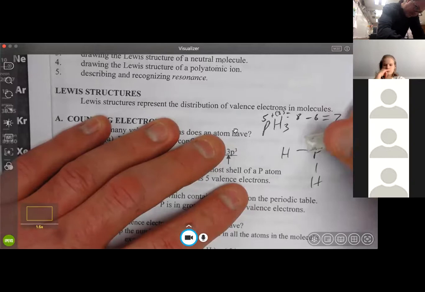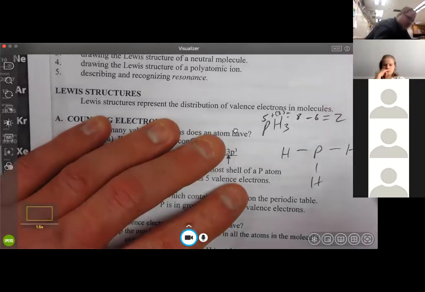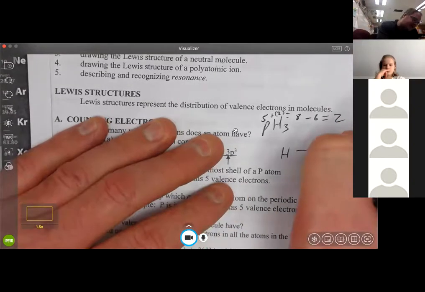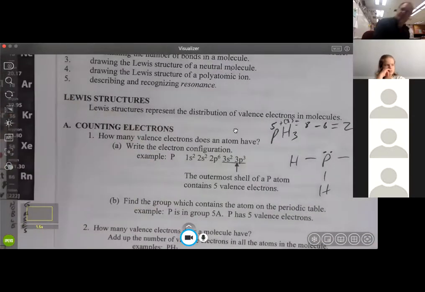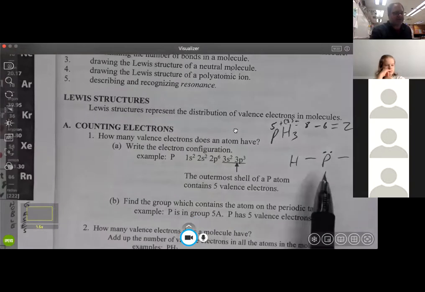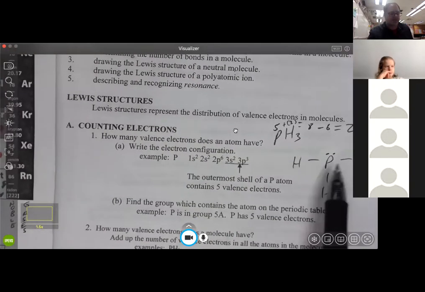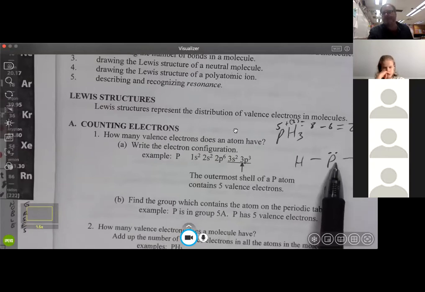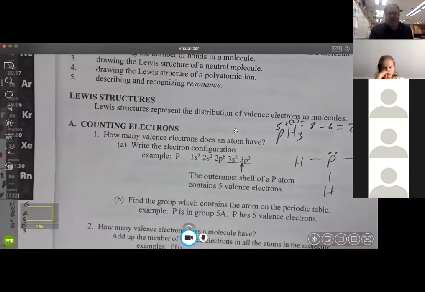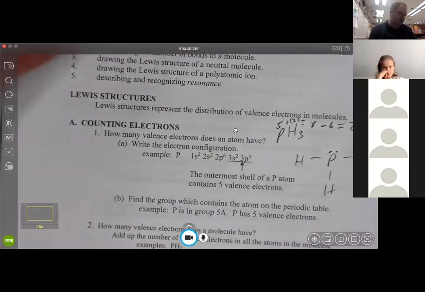You could also draw that as that. Either one would be fine. Some people like to do the dots on the central atom in the beginning. It's not a bad habit to take. I'm just a little more messy than most.